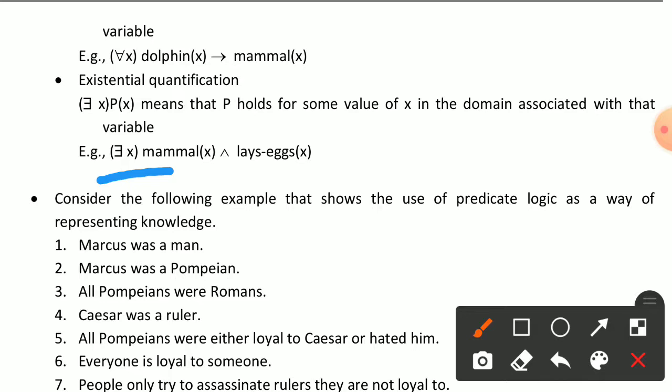So here we can take examples and find out the relationship between the different objects.